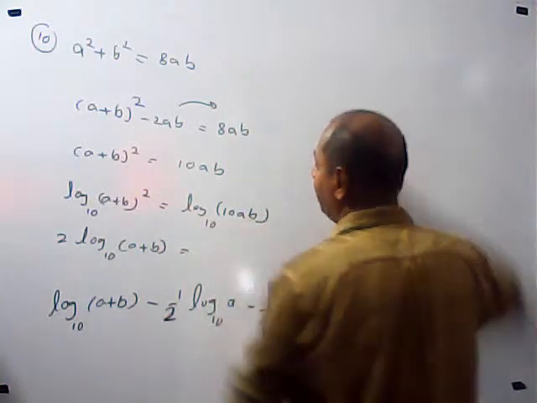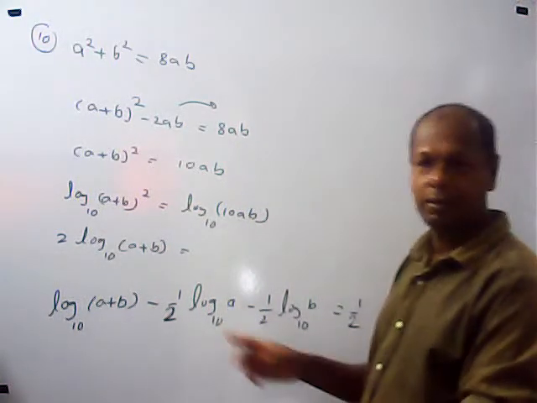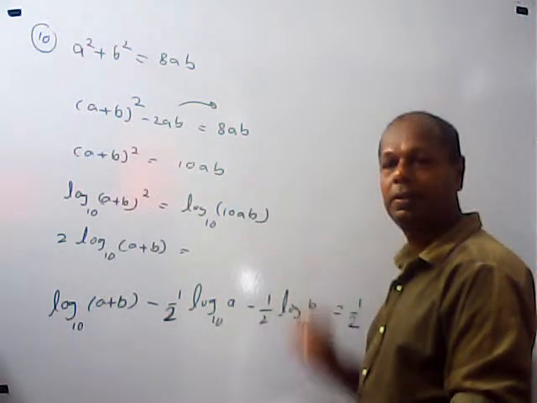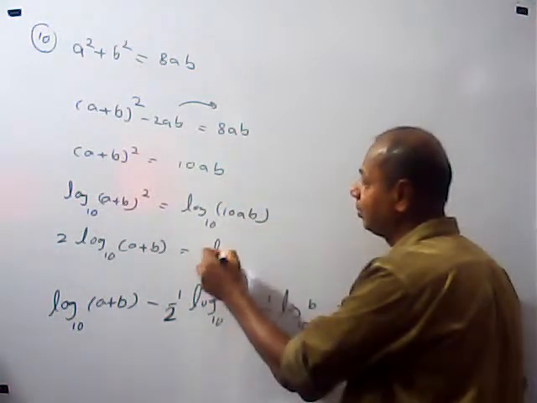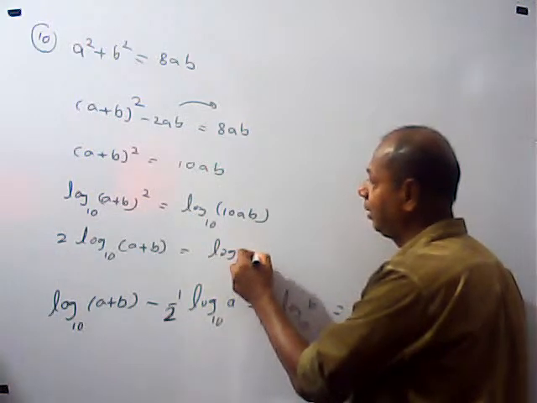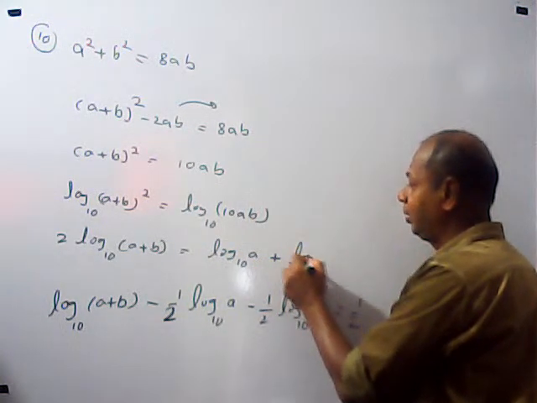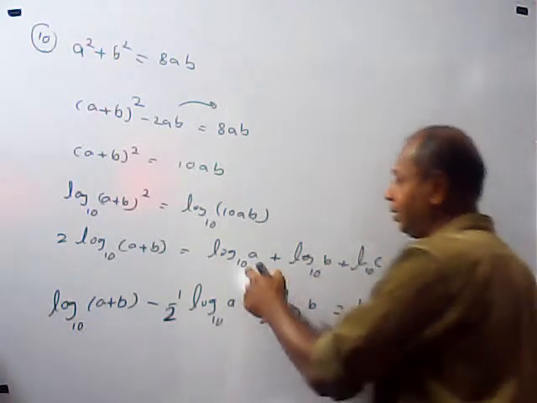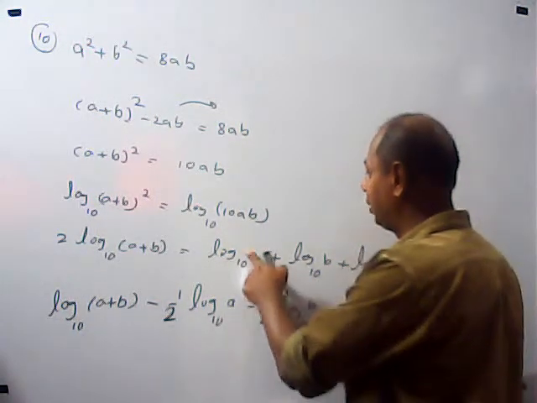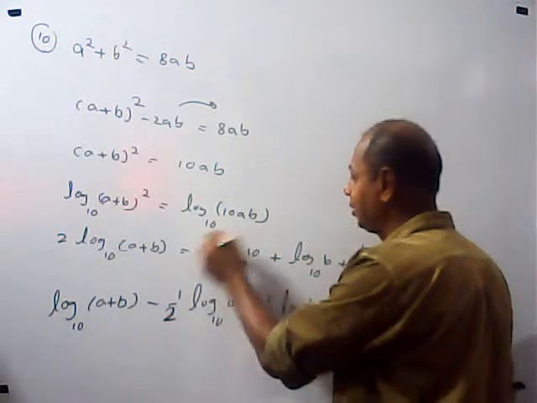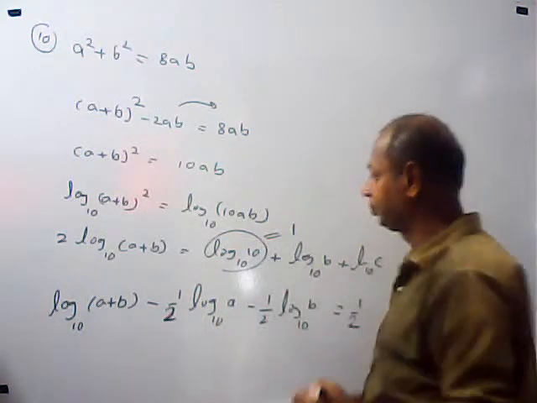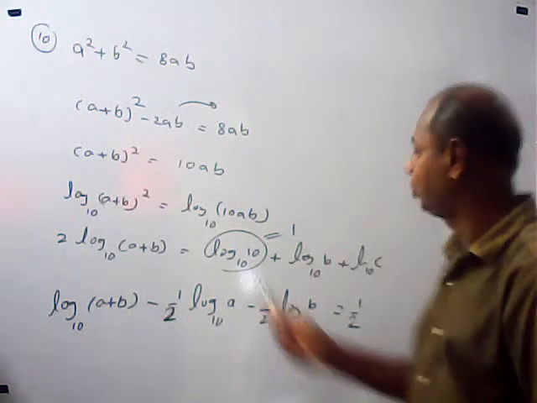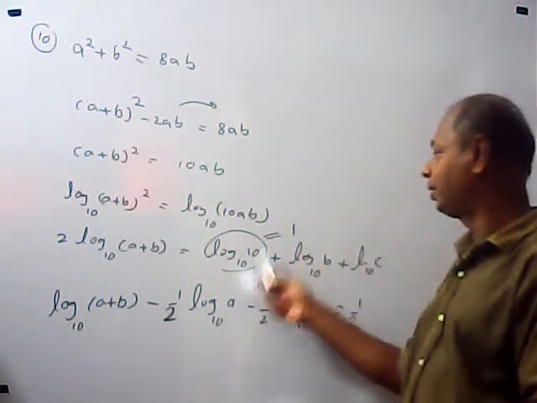The product inside the log can be broken into 3 additions, so it can be written as log base 10 of 10 plus log base 10 of a plus log base 10 of b. Log base 10 of 10 is just equal to 1, since log to the base a of a equals 1.